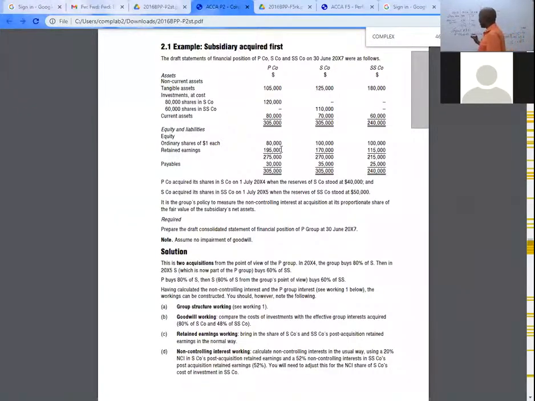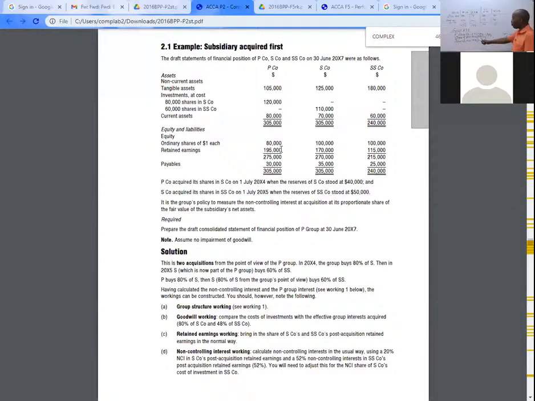And then we have share of post-acquisition profit for S, and share of post-acquisition profit for SS. Remember, you already have these figures.